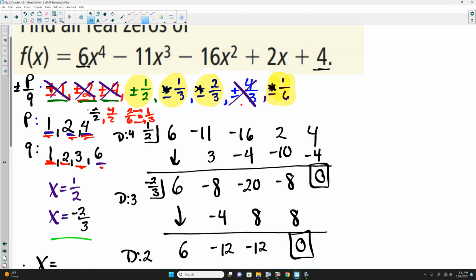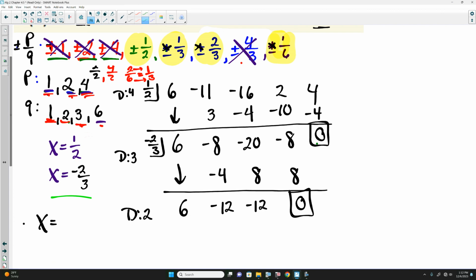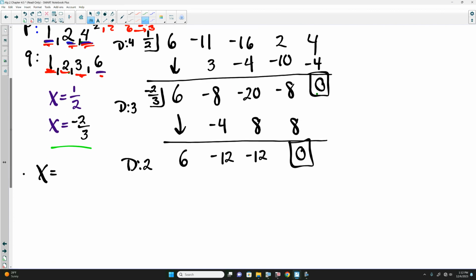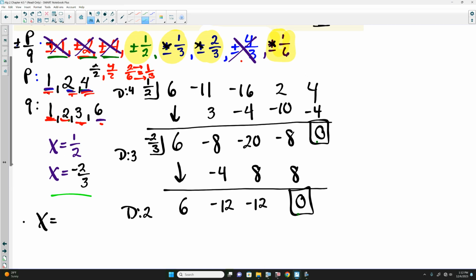So they're out. Then we started plugging in the calculator, letting it evaluate the others for us. So when we plugged in 1/2 into this here, it gave us a remainder of 0. So it works. We kept trying others. We tried -2/3. It also gave us 0, so it works.